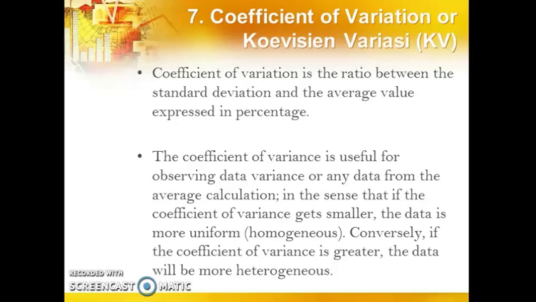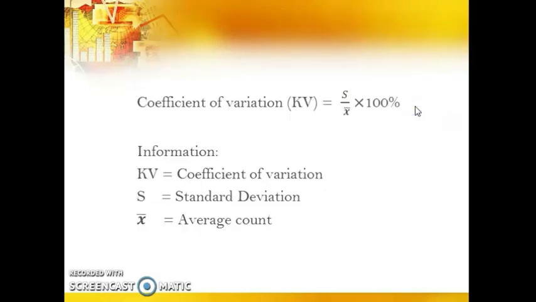Conversely, if it is greater, the data will be more heterogeneous. The formula of coefficient of variation is KV equals S divided by x bar times 100%. KV equals coefficient of variation, S equals standard deviation, and x bar equals average count.